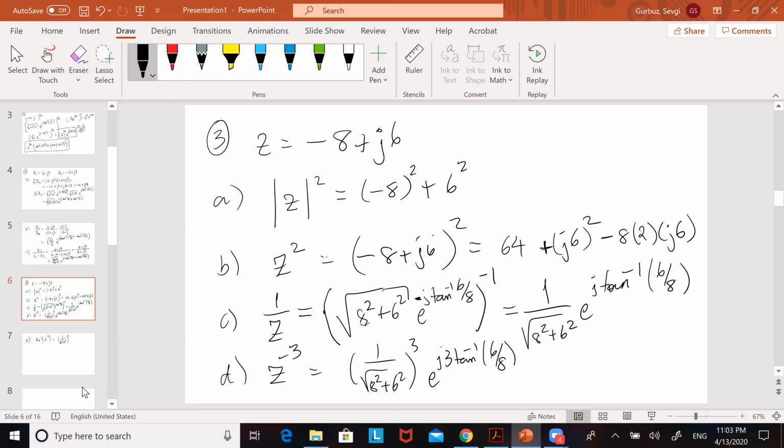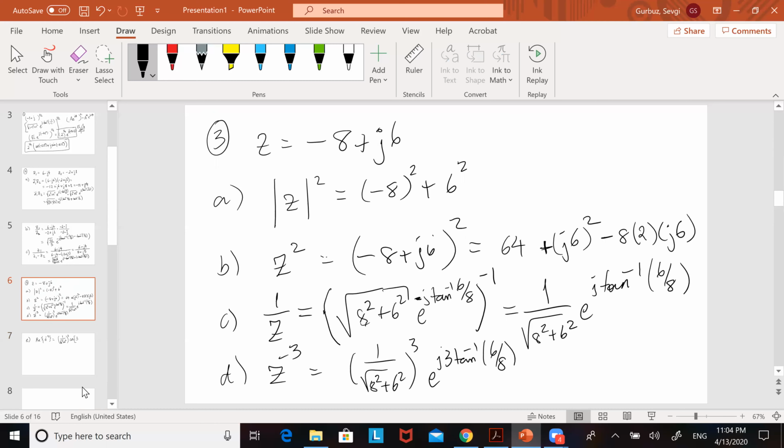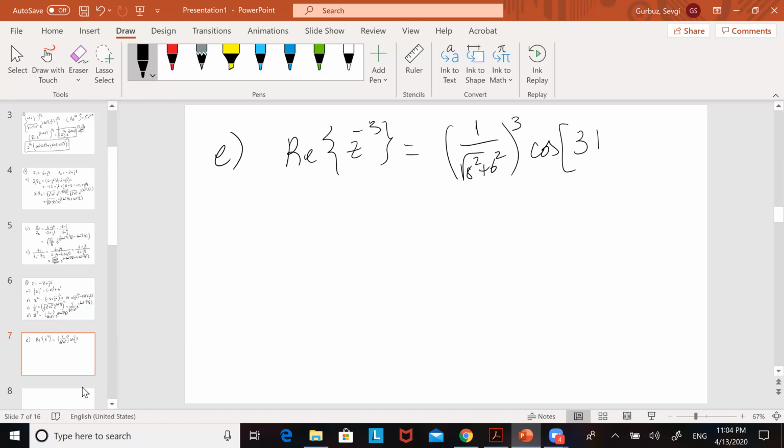And then this term we would write in terms of the cosine plus j sine, except that we're only interested in the real component. So we're only going to keep the cosine of the argument, which in this case would be 3 times the tangent inverse of 6 divided by 8. And this would be the real component of our number.